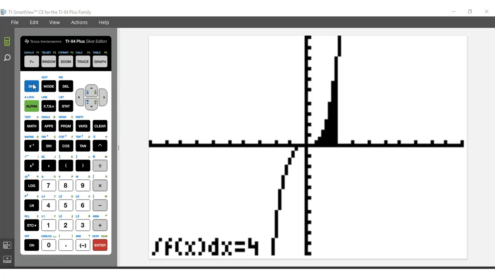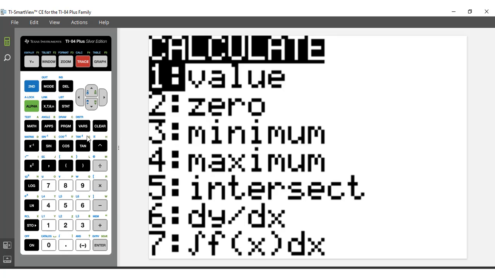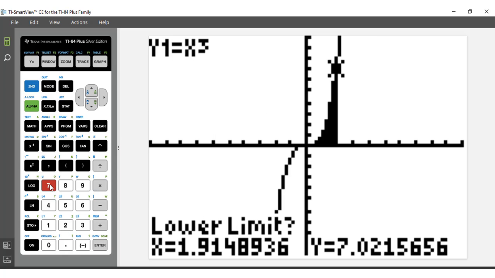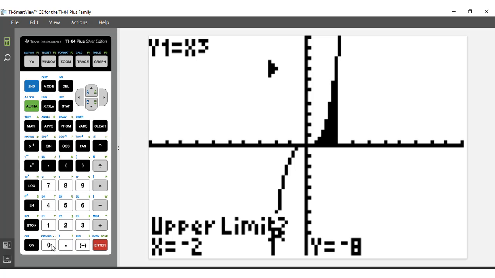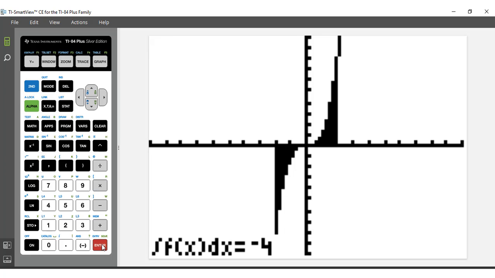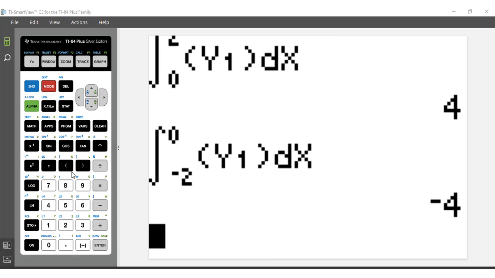For example, we do second trace, go to 7. This time, lower limit is -2. Here's a 0. Then you will see the definite integral from -2 to 0 of x to the third power is -4.